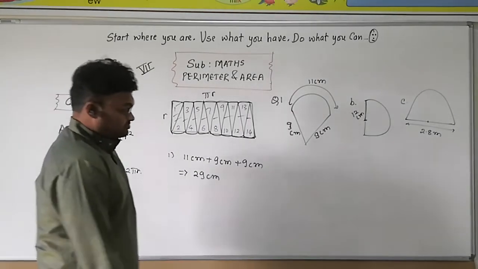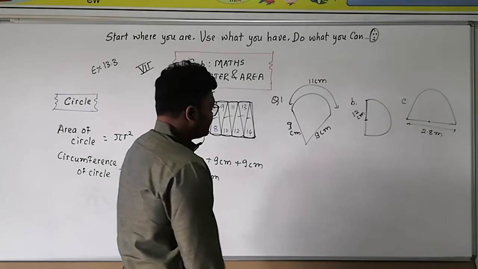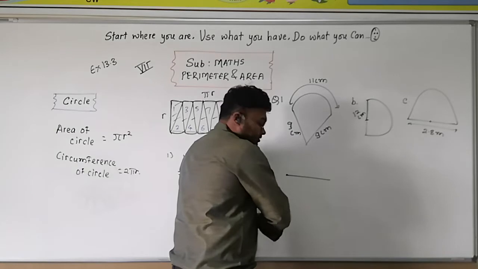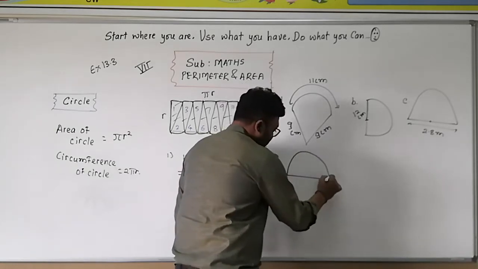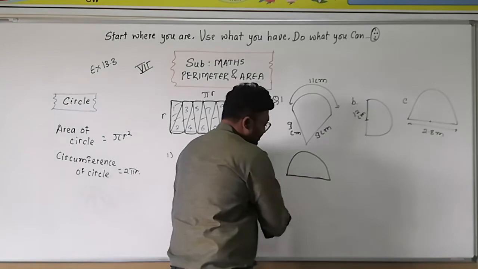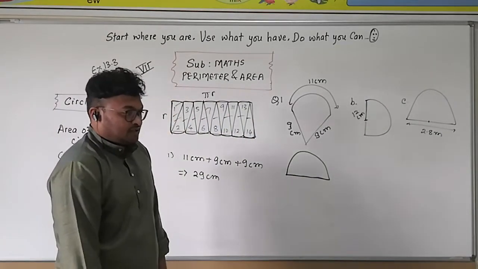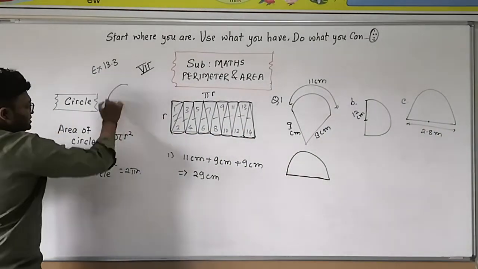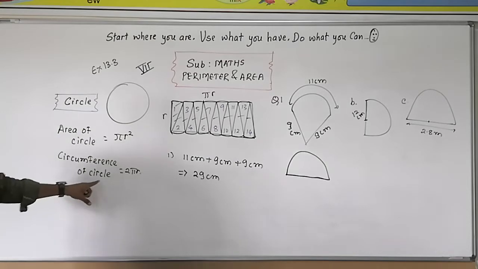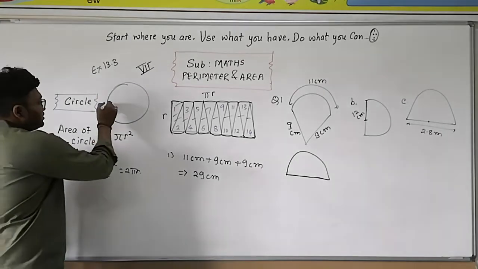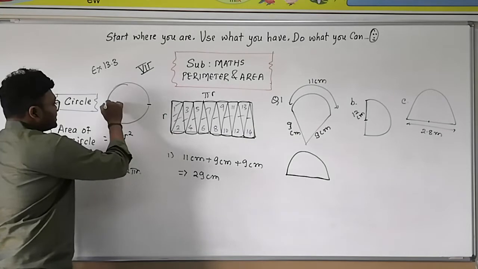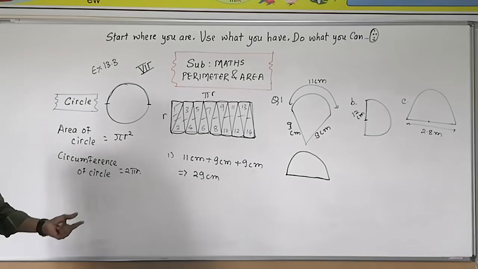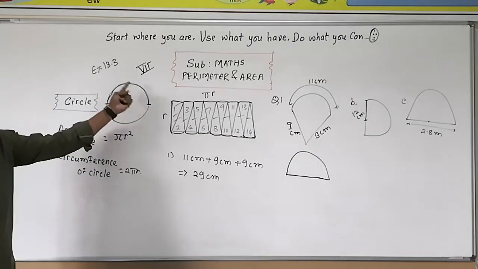I'll give you a very easy idea to calculate this. Suppose you start from here, complete this one round, and then return back by this way. We know that for a given circle, the circumference is calculated as 2 pi r. So for the semicircle, or half circle, we divide 2 pi r by 2, because we are calculating only half of the distance.